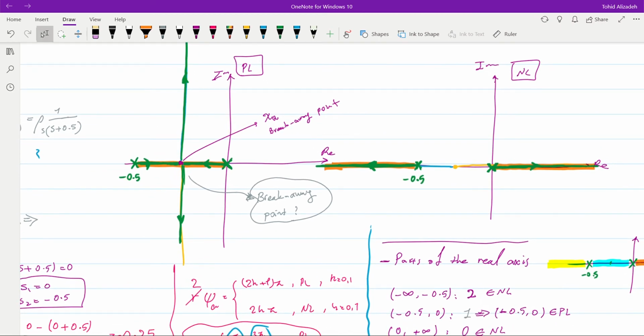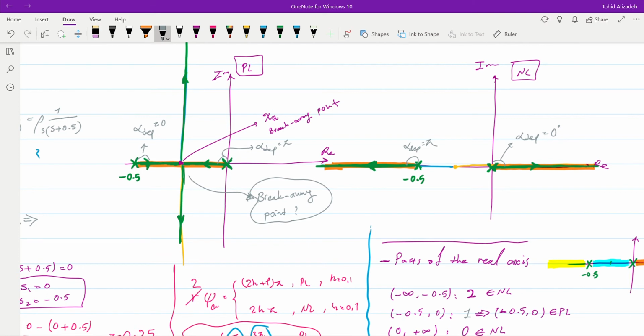We kind of are done with drawing the root locus. We don't have any break-in point. You can find out the angles of departure from the poles. You will see that the angle of departure here will be equal to 0. Over here, alpha departure will be equal to pi. Here, alpha departure will be equal to pi, and over here it will be equal to 0 degrees.